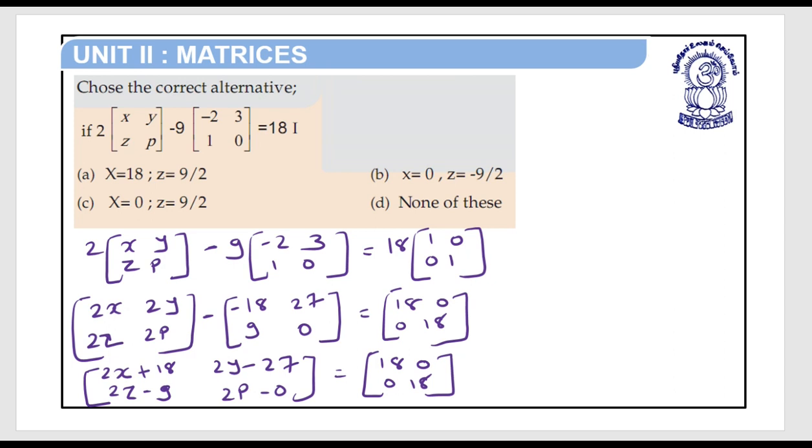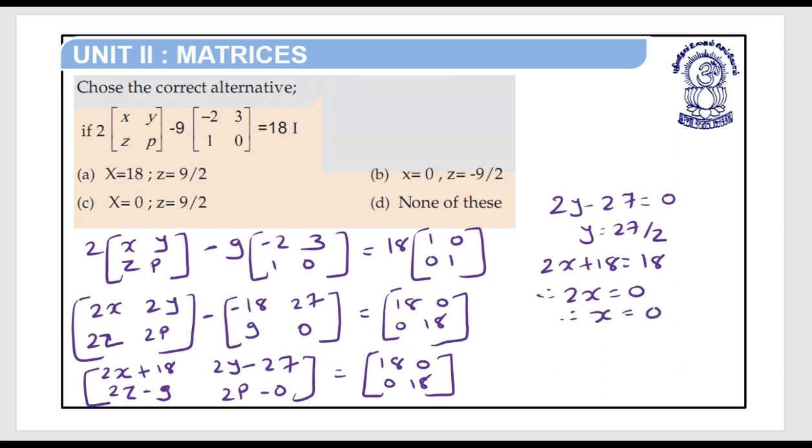Here compare 2y minus 27 is equal to 0. So y is equal to 27 by 2. 2x plus 18 is equal to 18. So 2x is equal to 0.